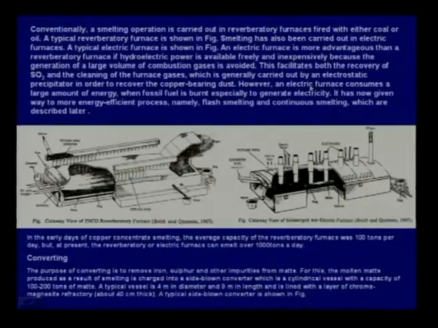Unfortunately, an electric arc furnace consumes a large amount of energy when fossil fuel is burnt, especially to generate electricity, because it is a roundabout way of getting energy. If you are using a fossil fuel in the furnace, either furnace oil or coal, and you are generating heat directly, the process of heat generation will be much better.